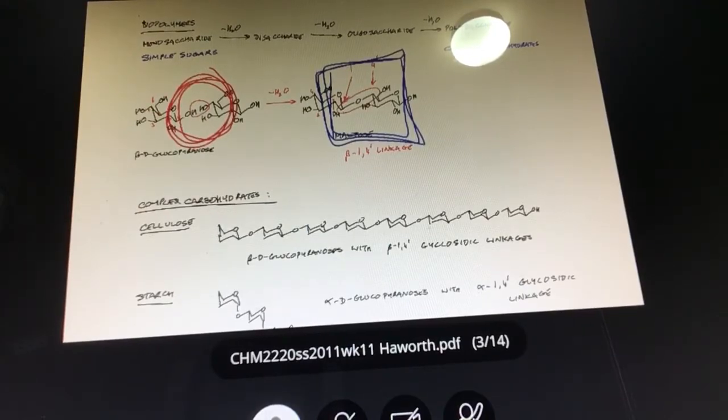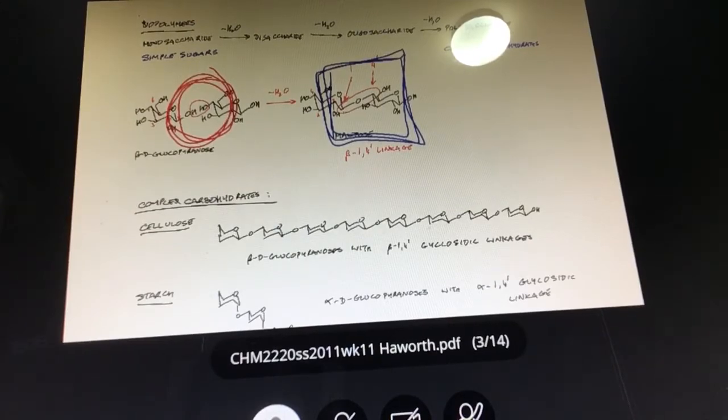But because every individual molecule already has a carbon number 1 and a carbon number 2 and a carbon number 3 and a carbon number 4 and a carbon number 5, possibly a carbon number 6, this is not a 1 to 4 linkage. It's 1 out of one molecule and 4 into a different molecule.